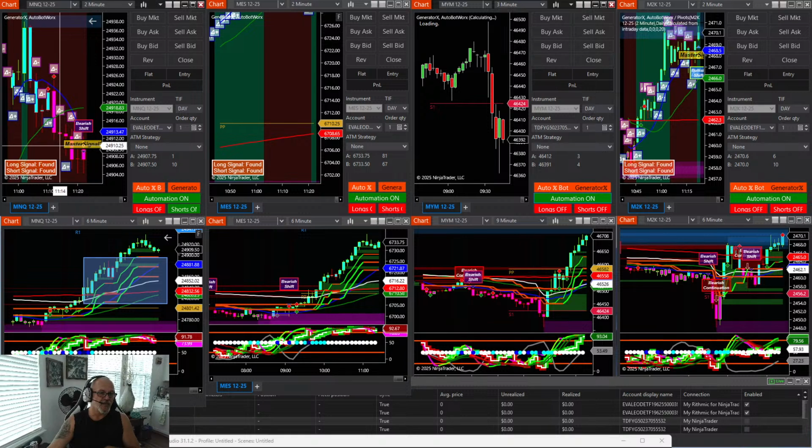A lot of times the algorithms will do what they need to do, and a lot of retail traders will get in trouble because they are looking at the levels that price is at, where the algorithm doesn't care about the levels, it cares about where price gets to.